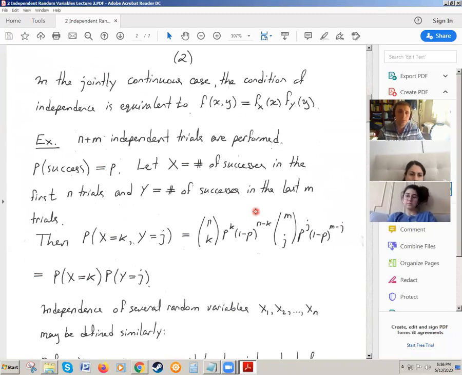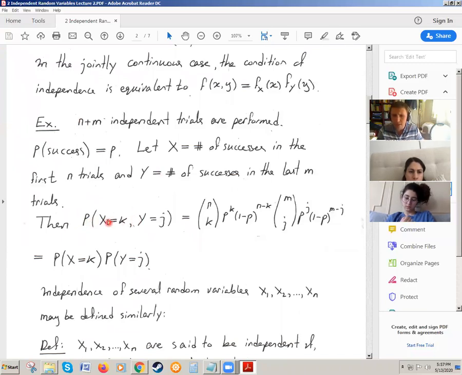A very simple example of independent random variables is, for instance, suppose we perform independent trials n plus m times, and the probability of success for each trial is p. X denotes the number of successes in the first n trials, and Y denotes the number of successes in the last m trials. It's pretty obvious that those results should be independent, and a calculation reveals that it is indeed so, because the probability that X equals k and Y equals j is simply out of the first n I have k successes, and out of the last m I have j successes.